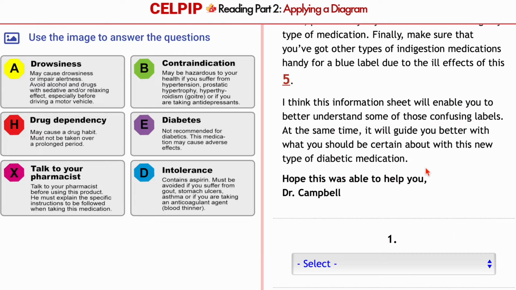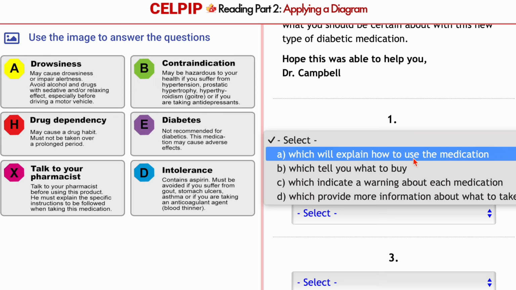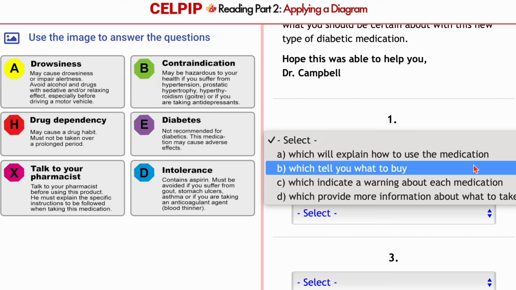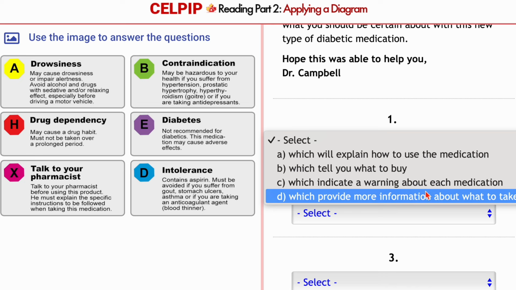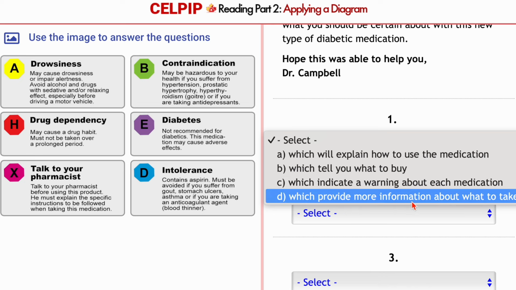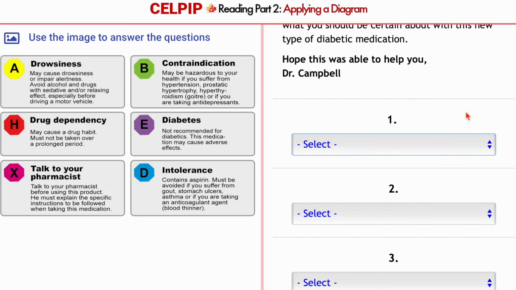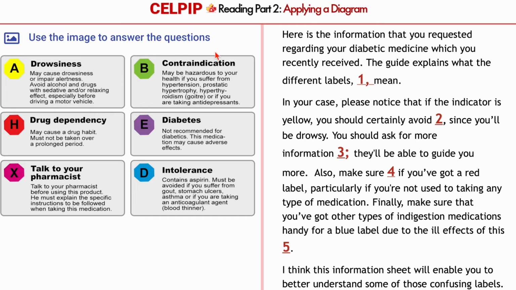So let's look at our options: which will explain how to use the medication, which tell you what to buy, which indicate a warning about each medication, which provide more information about what to take. So it says here the guide explains what the different labels mean.